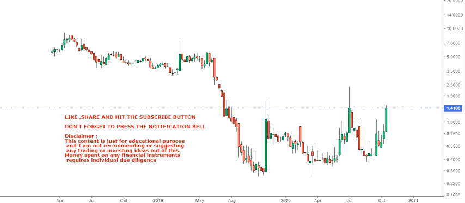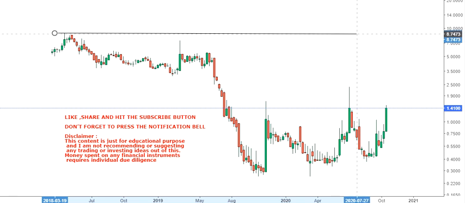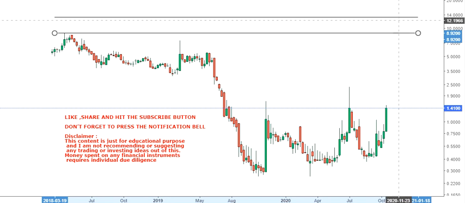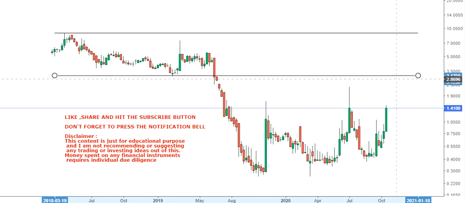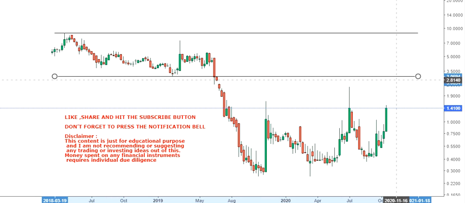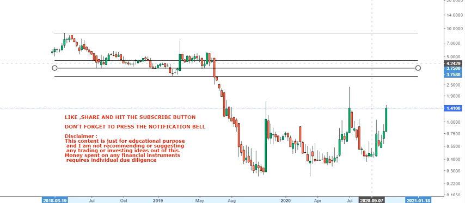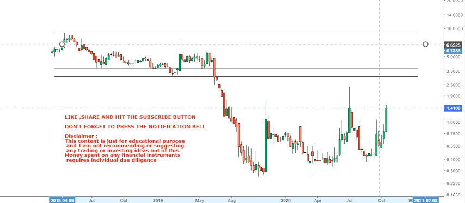Now, having said that, what we can do here is first of all just observe and understand this trend, that you have a previous trend which was like this. Okay, so this is your previous trend.